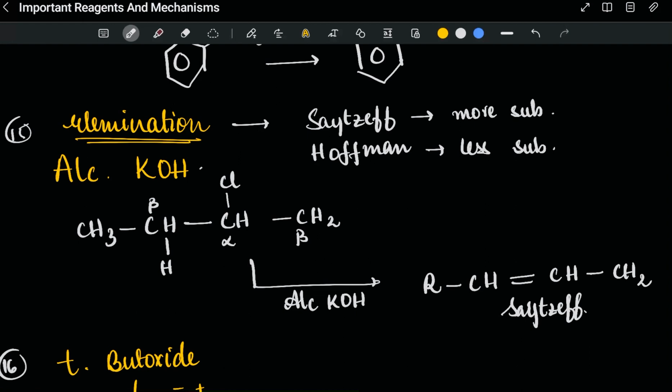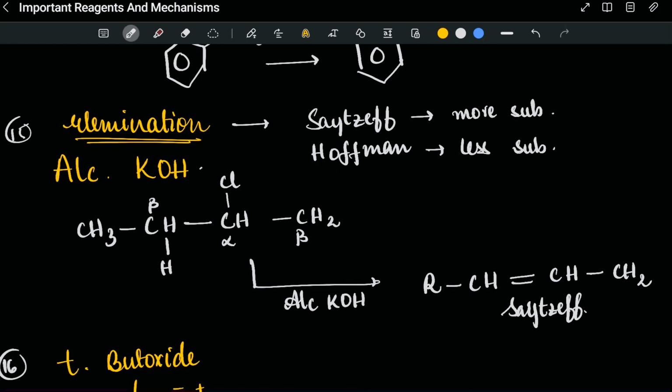Saytzeff product is formed and Hofmann product is formed, which we have discussed in the alkenes topic. Whenever we are talking about elimination, it can form two products, Saytzeff product and Hofmann product. Saytzeff product is where the formed alkene is more substituted, so it has to be more stable. And Hofmann is a less stable one.